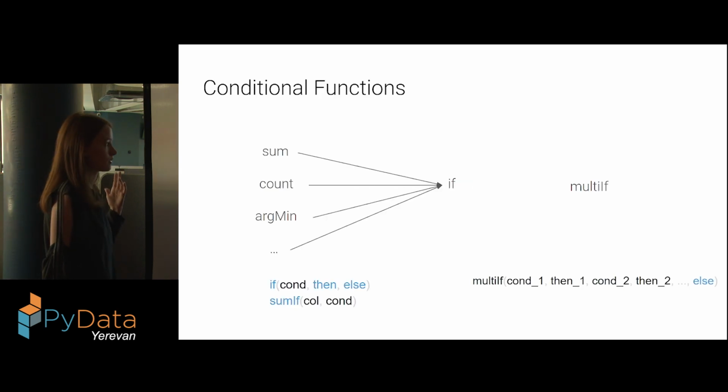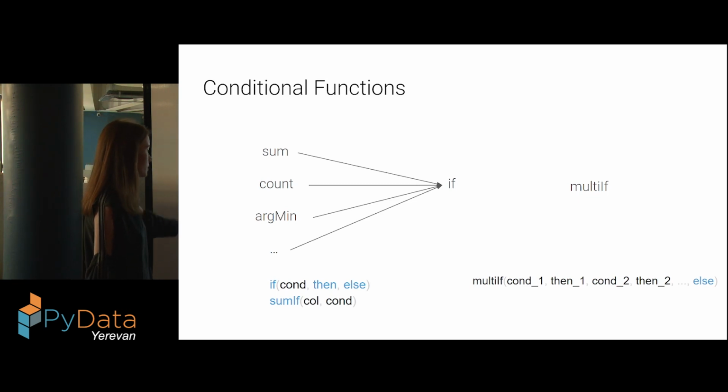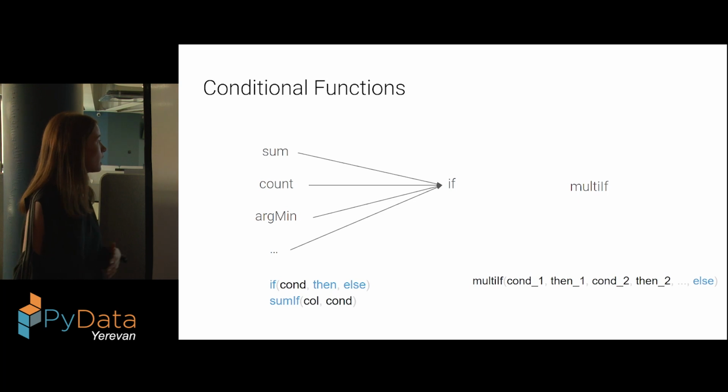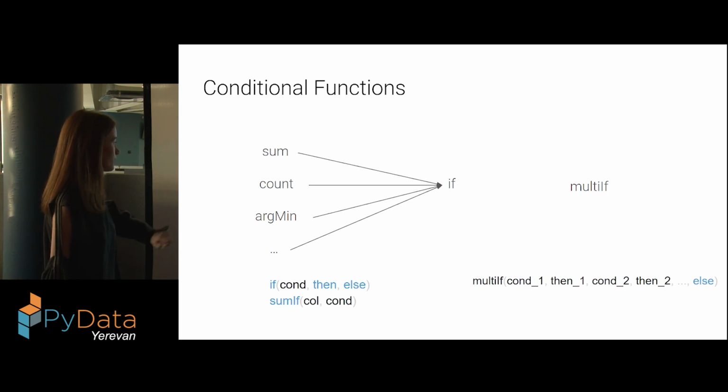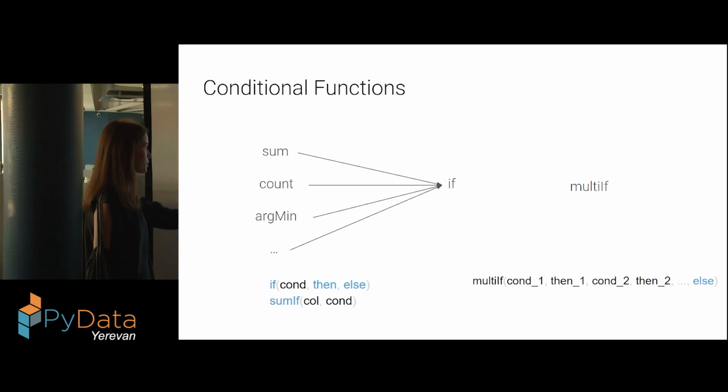As with conditional functions, we have a basic function called if in ClickHouse, where you can just write a condition and what you expect to be in your column after that condition. But you can also use this if function with sum, count, argmin, and a lot more aggregating functions.